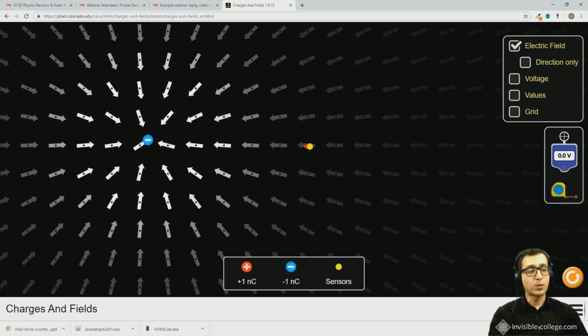Now, in the forces topic, when we go into the forces webinar later on in this sequence, we're going to go through this idea, but one of the equations actually applies here.